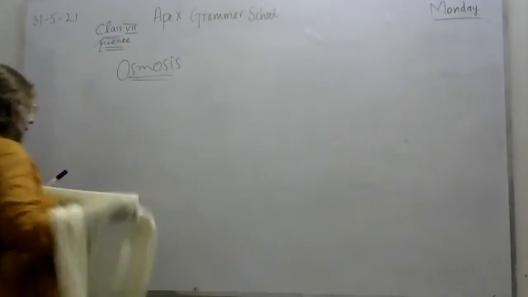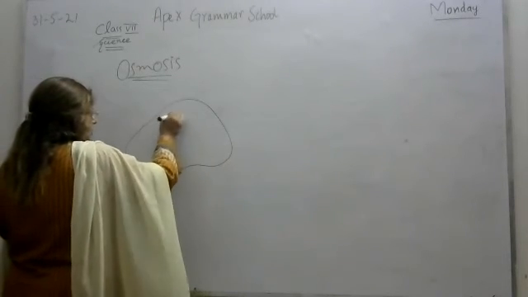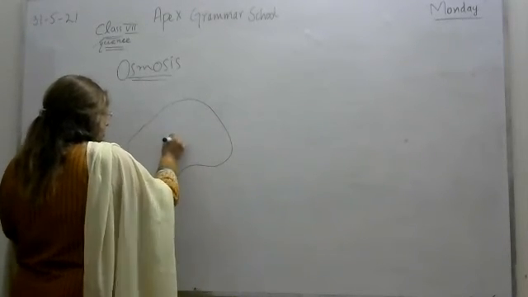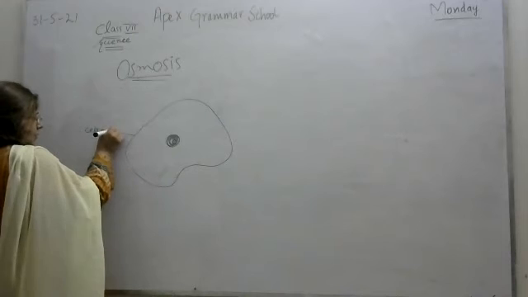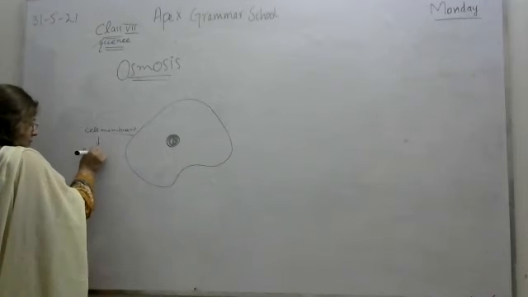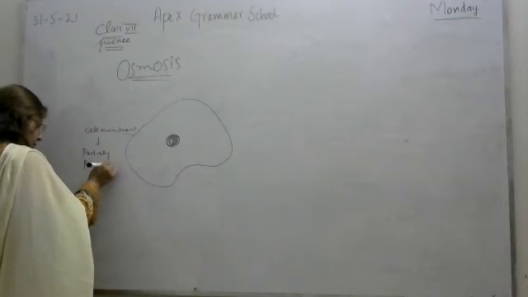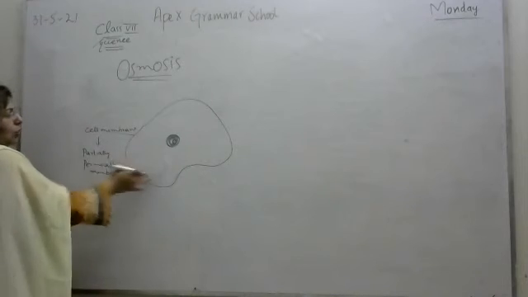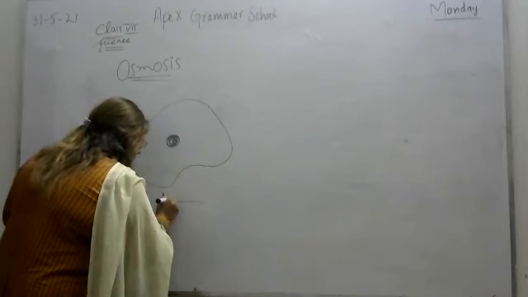If you see the diagram of an animal cell, the outer side of an animal cell is a cell membrane, but it works like a partially permeable membrane, because it allows some molecules to enter the animal cell and some are not allowed. So this is the structure of an animal cell.